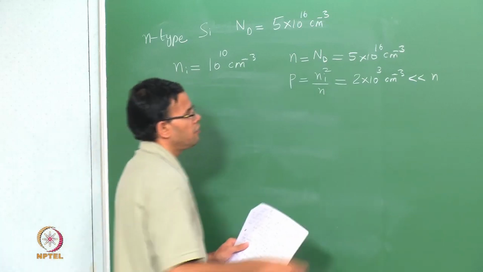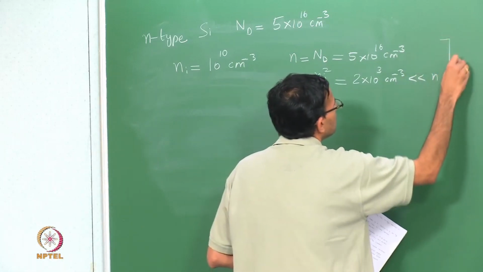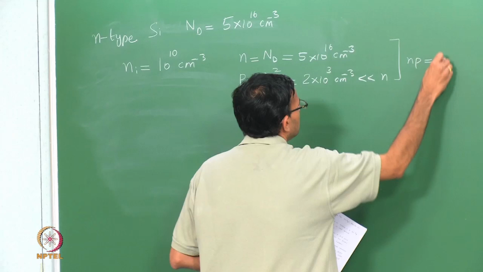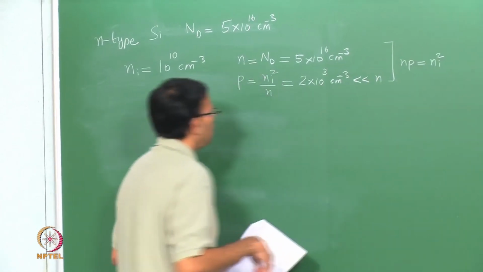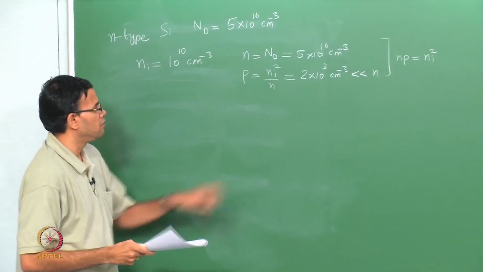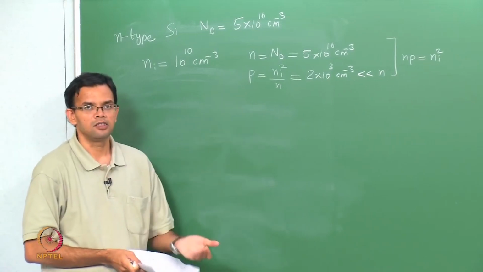So, in this case we also know that np is ni squared. Your law of mass action is valid, which is how we calculated the concentration of p in the first place.